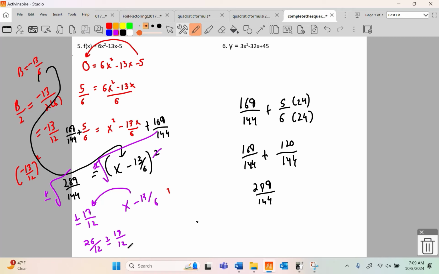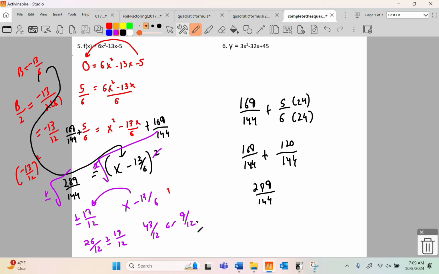It actually worked out not too bad. It really didn't. So 26 and 17 should be 43. I have 43/12 or 26 minus 17, 9/12. And these do reduce some. 43 and 12 are both divisible by 6.